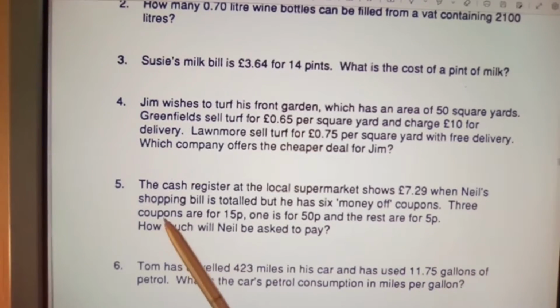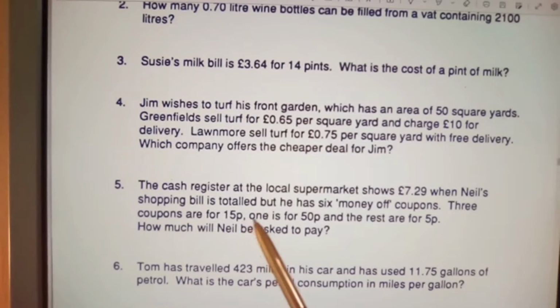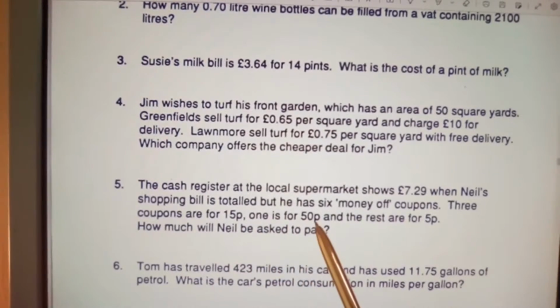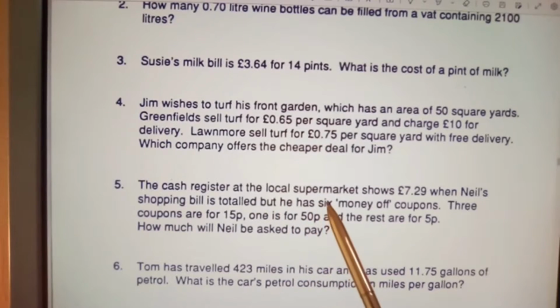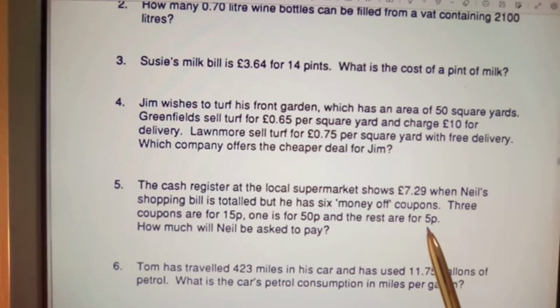Three coupons are for 15p, one is for 50p, and the rest are for 5p. Now remember the total of coupons he has is six, okay? How much will Neil be asked to pay?